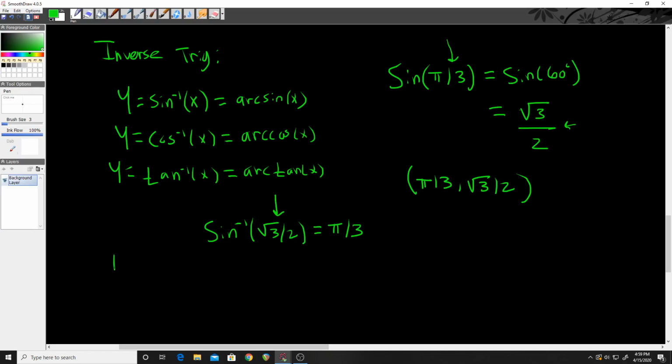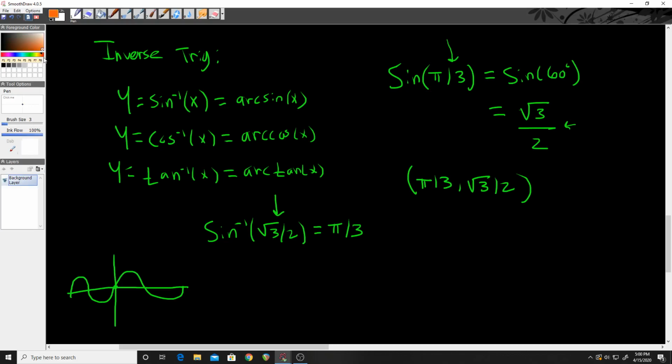Now, very quickly, the restricted ranges for the inverse trig functions. So if we look at a regular sine graph, regular sine function looks like this. Well, to an extent, it's prettier than what I got here. But basically, in order for this thing to be invertible, it's got to be 1 to 1. Clearly, this thing does not pass the horizontal line test.